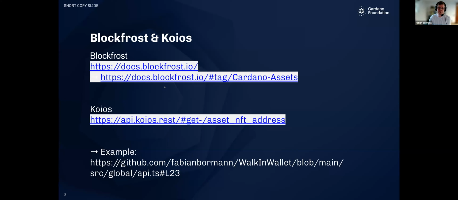So first of all, there's Blockfrost. I think many of you, if you ever worked in the Cardano ecosystem, are familiar with Blockfrost. I also wrote a few apps that use the Blockfrost API to query information such as NFT information, wallet information, token information.